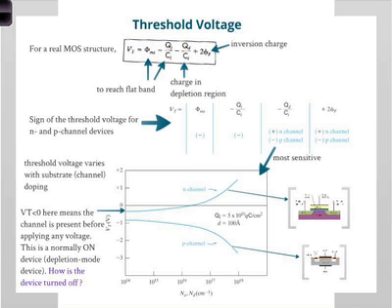It's not so good. And of course you don't want it too low either. Right? If it's too low, it'll turn on spontaneously, right? If I have some noise or whatever, it'll just turn on. Then I have problems. I have power issues and so on. So this has to be designed very, very carefully. The threshold voltage is the first parameter that you're learning of the MOSFET and probably one of the most important ones. Okay?